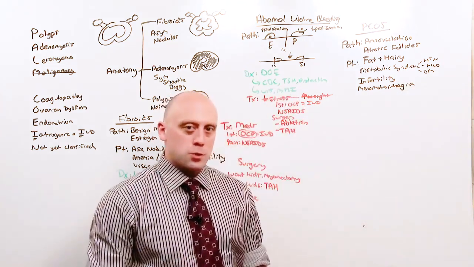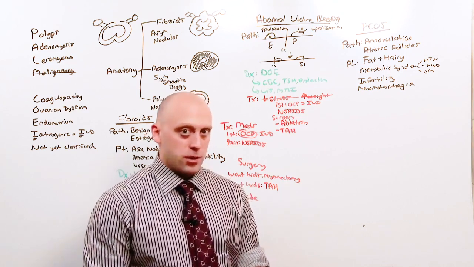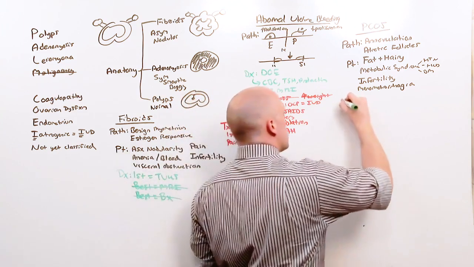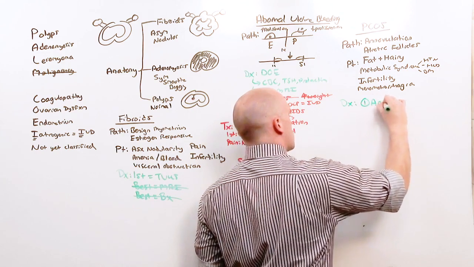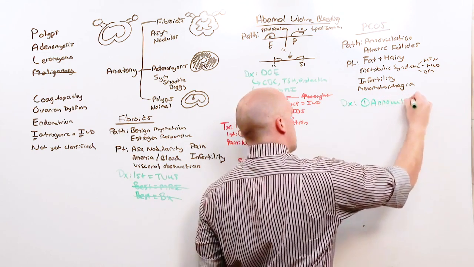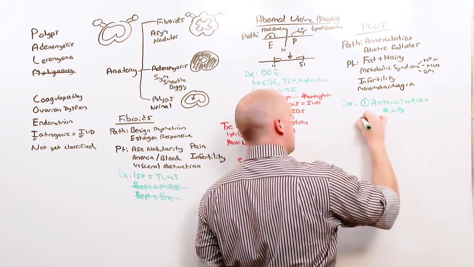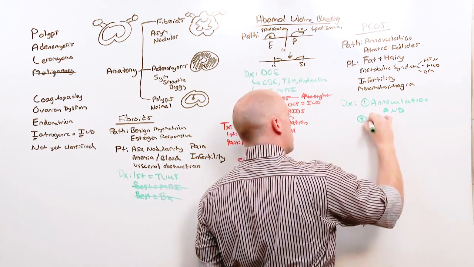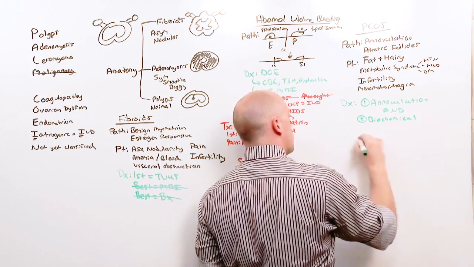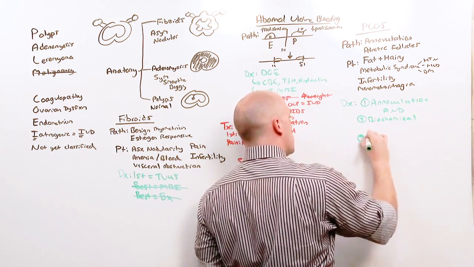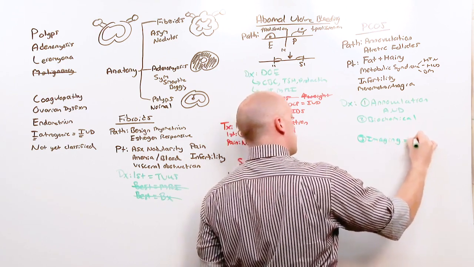And as you work this person up, the way you make the diagnosis is by meeting a certain set of criteria. The diagnosis is made by a history of anovulation, and this is obtained just by talking to the person and getting their symptoms. And one of two things. You either need biochemical evidence of hyperandrogenism, or you need imaging evidence of lots of follicles.